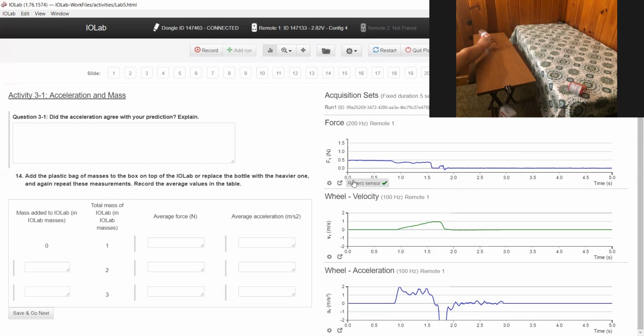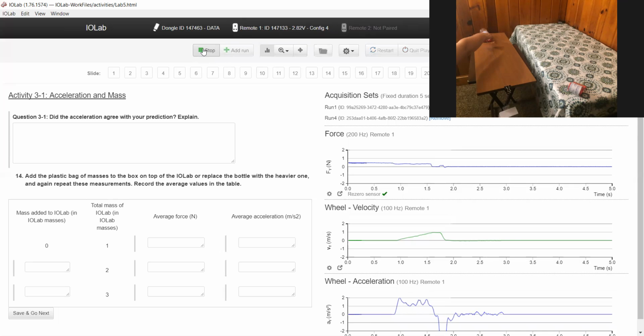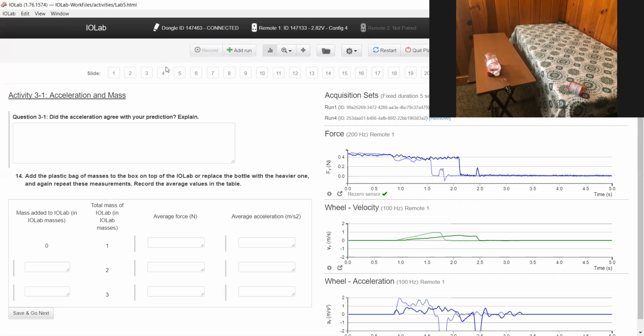It's better to have the mass not hanging. Then record it and leave it. That's it. You can already see the difference. I have just taped it, and make sure that your wheels are not taped, because they have to move.